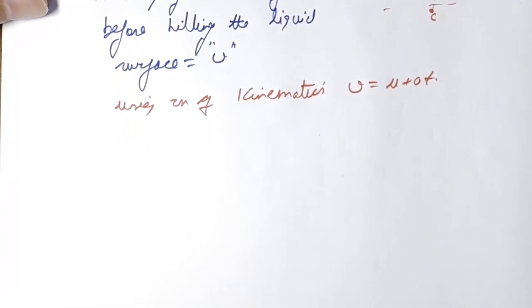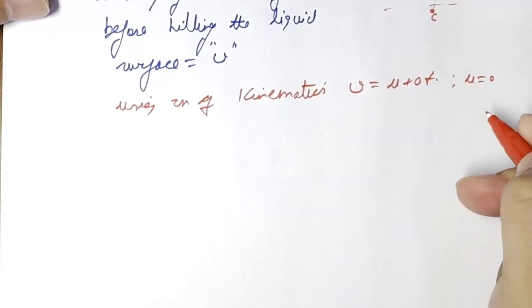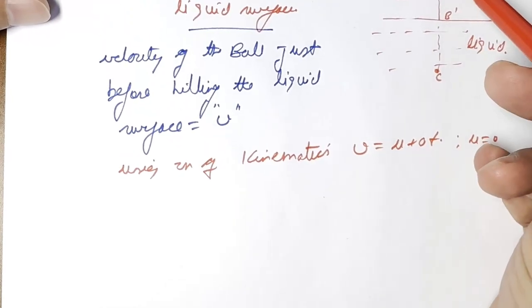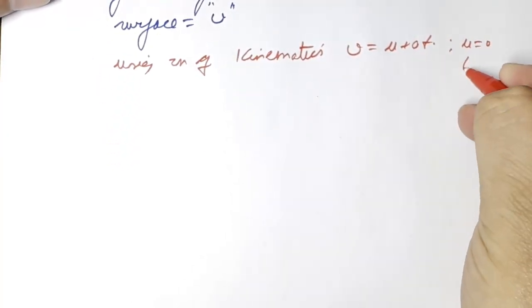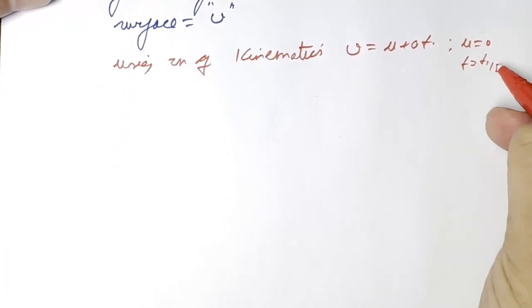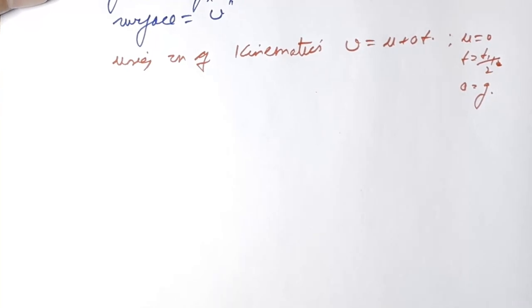As the ball is dropped, our U will be equal to 0, the time taken from A to B prime is T1 by 2, and our acceleration will be free fall, that is g.